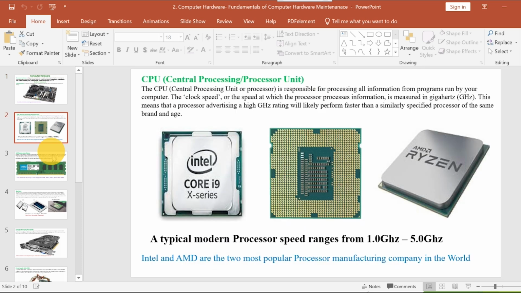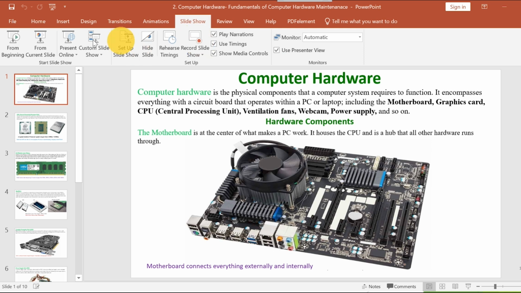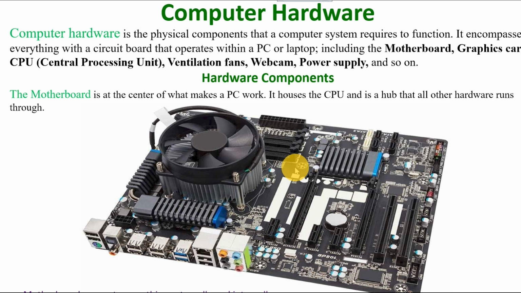What I'm going to do here is make the presentation to the viewers. I will just go to this slideshow. I can click here, start from the beginning, or I can just hit F5 from my keyboard. Let me click here to start from the beginning. You see, I'm presenting it right now.